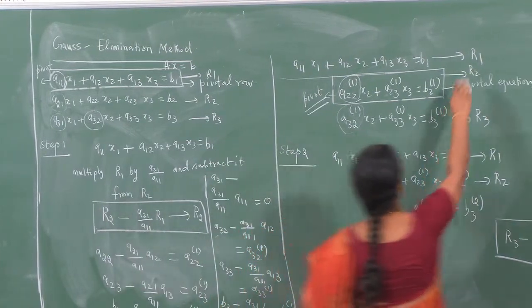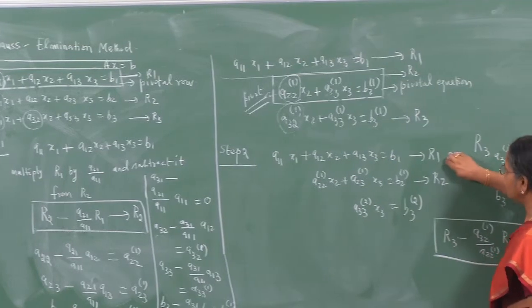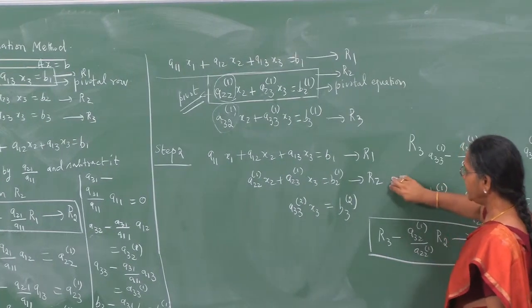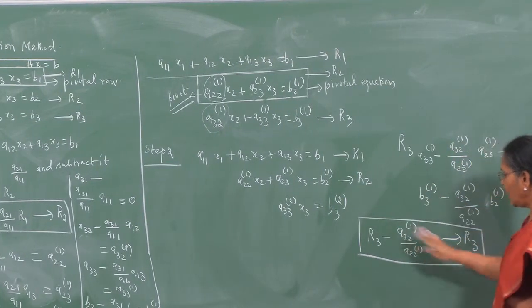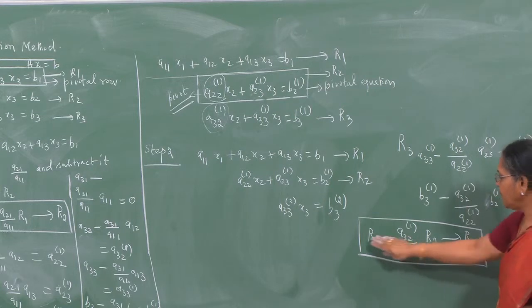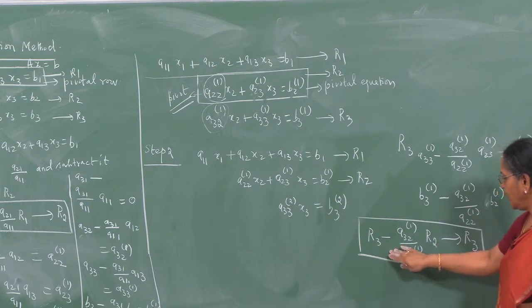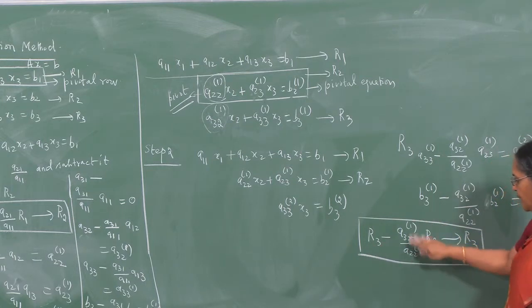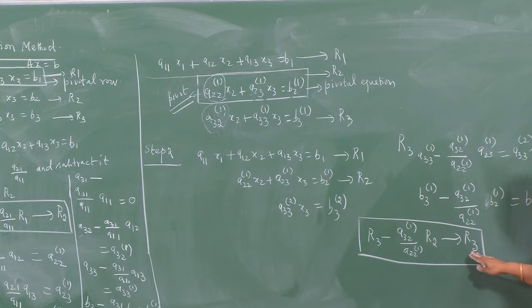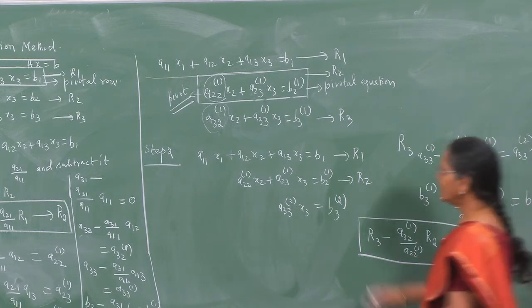So, what happens here? R1 remains as it is, R2 remains as it is. The new R3 is obtained by performing the elementary operation, which is old R3 minus old R2 multiplied by this factor, and that gives me the third equation in step 2.